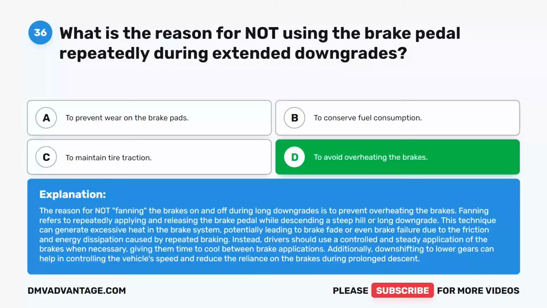Instead, drivers should use a controlled and steady application of the brakes when necessary, giving them time to cool between brake applications. Additionally, downshifting to lower gears can help in controlling the vehicle's speed and reduce the reliance on the brakes during prolonged descent.